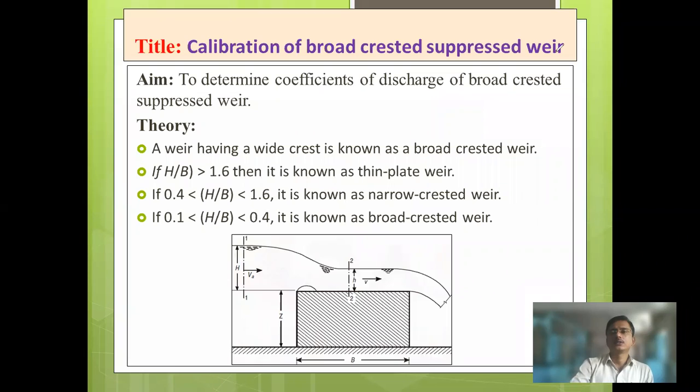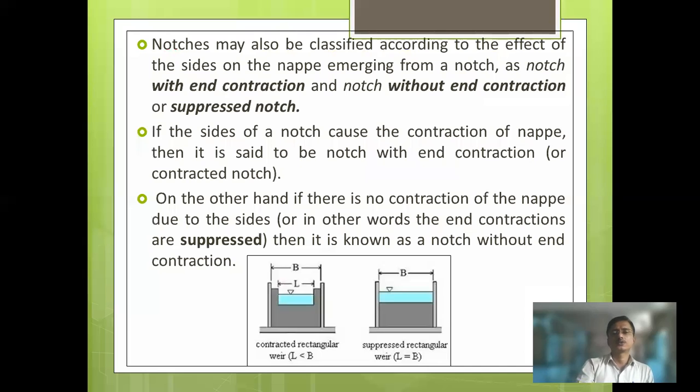So this was about the types of weirs: suppressed weir, weir without end contraction, and weir with end contraction. We have studied that in theory. In the diagram here you can see the first one is the contracted rectangular weir, or weir with end contraction.